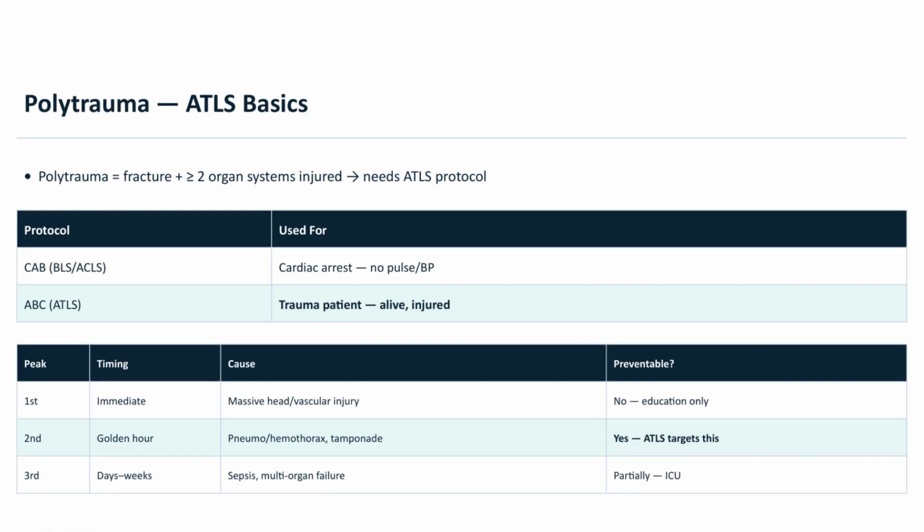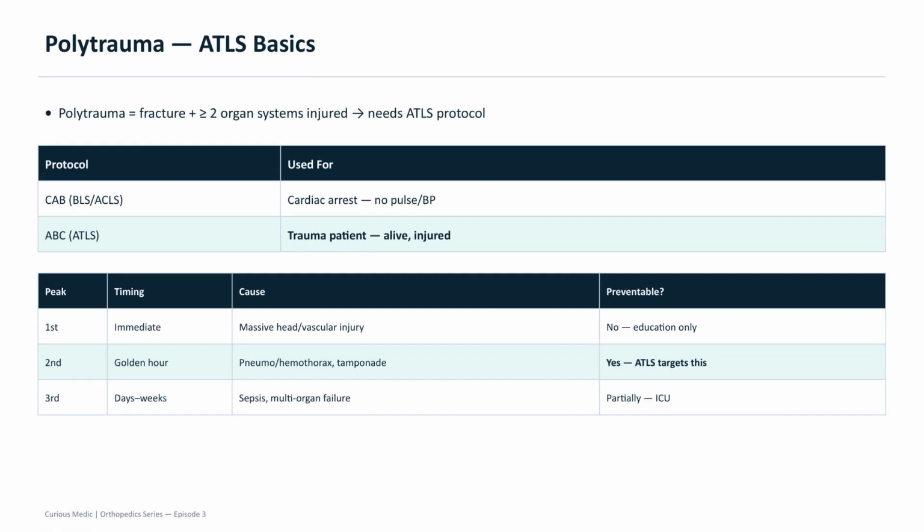But first, a very common source of confusion needs to be cleared up, the difference between CAB and ABC. CAB stands for compressions, airway, breathing. It is used in basic life support and advanced cardiovascular life support, meaning it is for the cardiac arrest patient. Someone with no pulse, no blood pressure, who needs to be resuscitated.